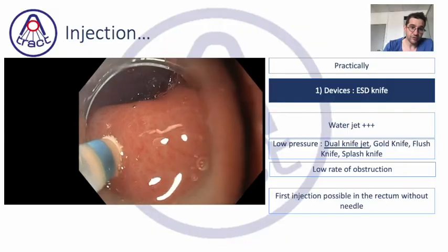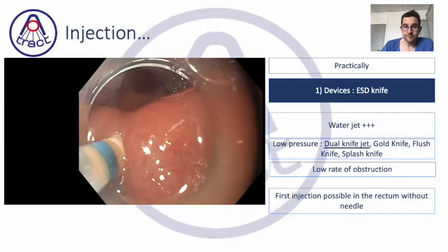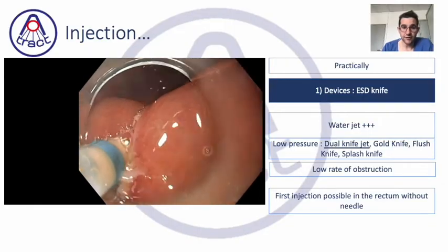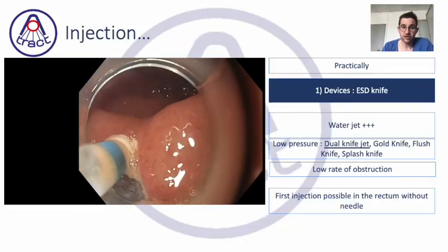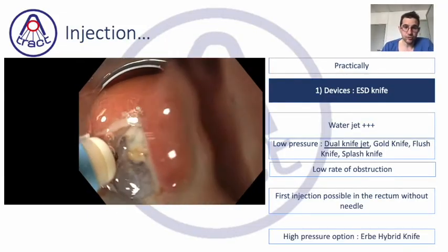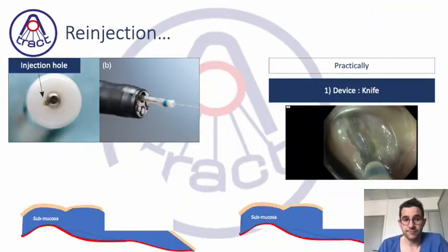And when you reach the submucosa, you can inject from your first injection, but probably it is feasible in the stomach, not risky, but in the colon, it is very dangerous to do the first injection directly through a hole in the mucosa. You can damage the muscle during your first injection.